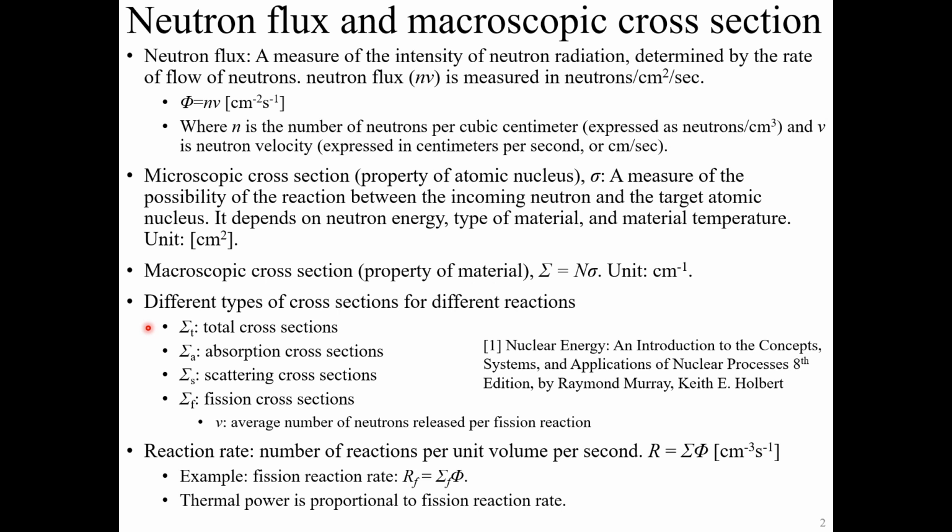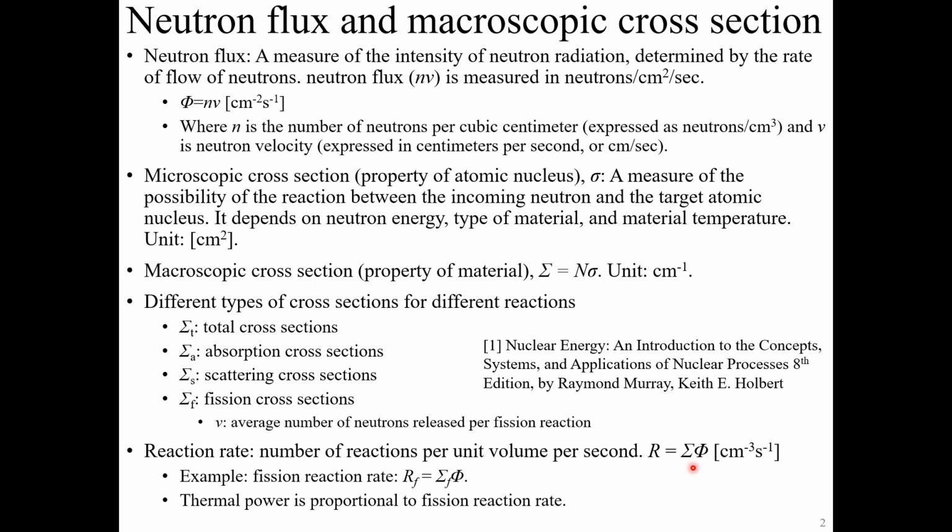The next concept is the reaction rate. The reaction rate is the number of reactions per unit volume per second. The reaction rate is represented by the capital letter R, and it is calculated as macroscopic cross-section times the neutron flux.